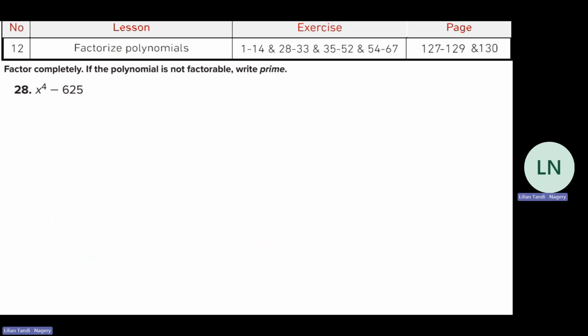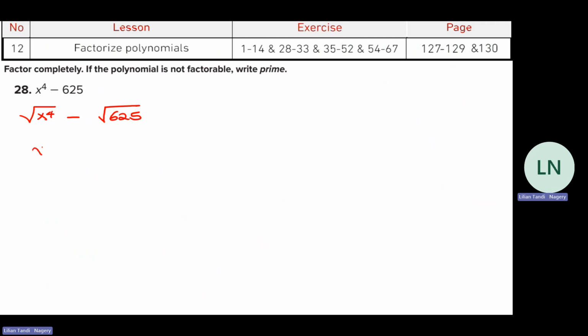This looks like a difference of squares. 1 is a perfect square, 625 is a perfect square. So I need to find the square root of x to the 4th power minus the square root of 625.